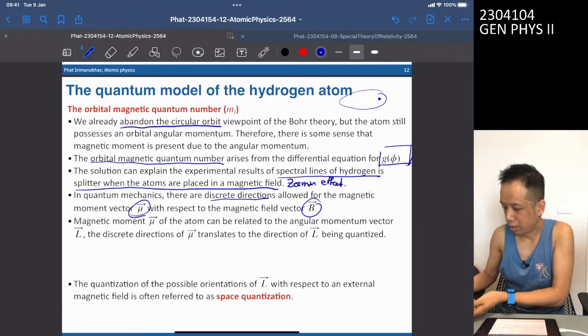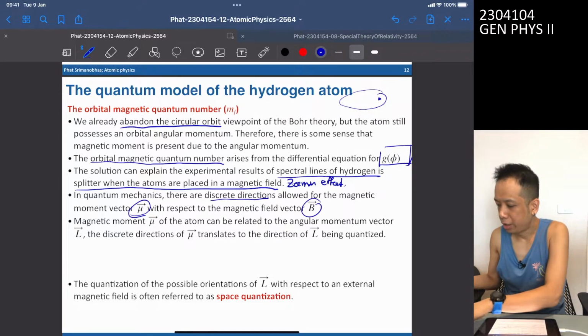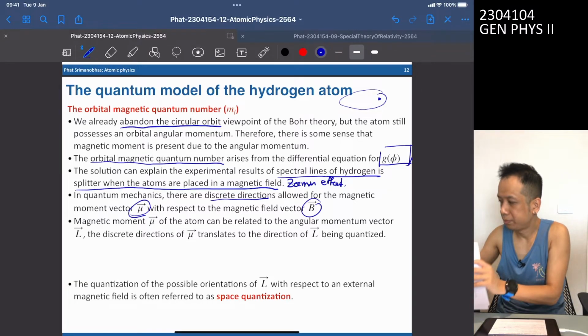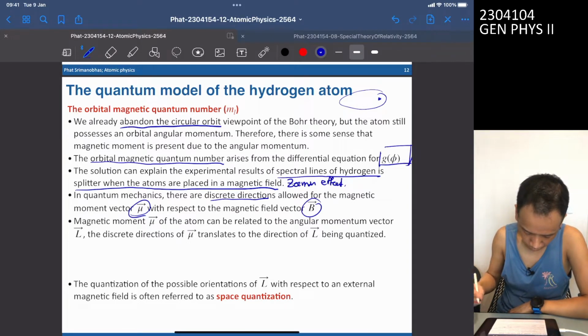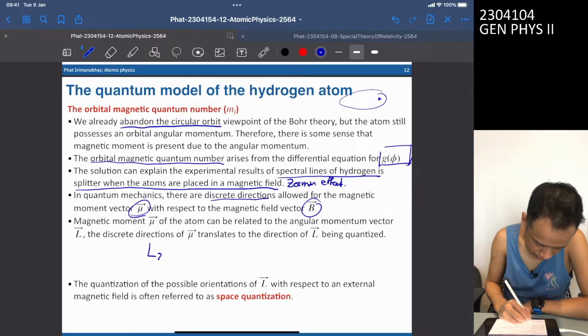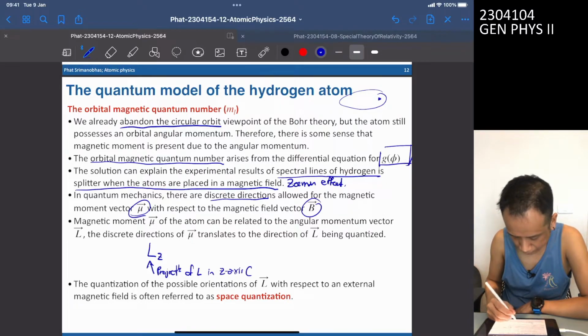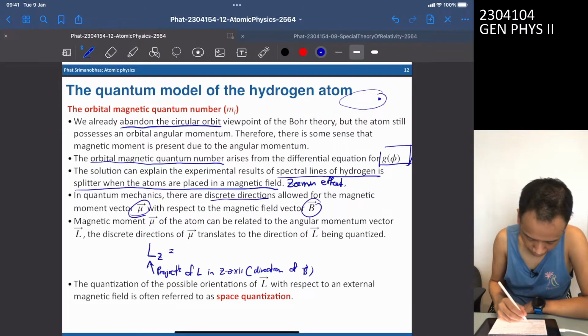What this means is that the projection of L on the z-axis, which is the direction of B, is quantized, so it's equal to m_l h bar.